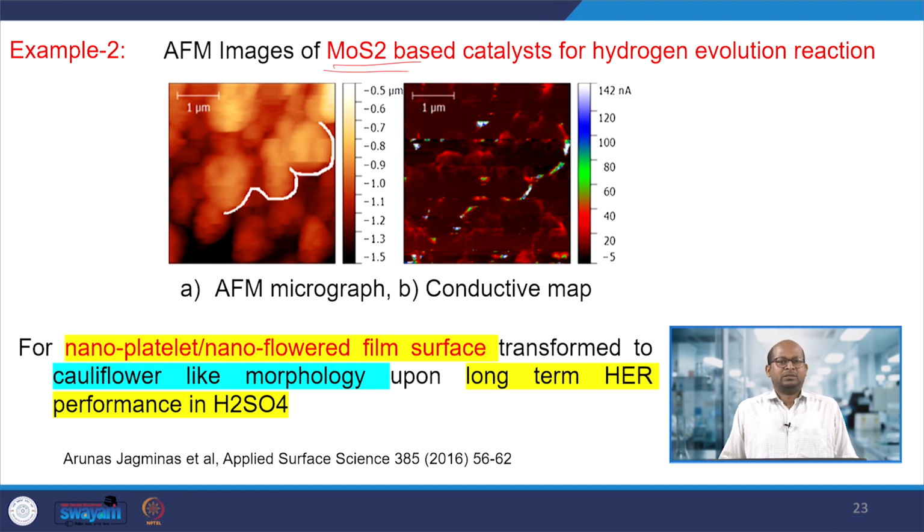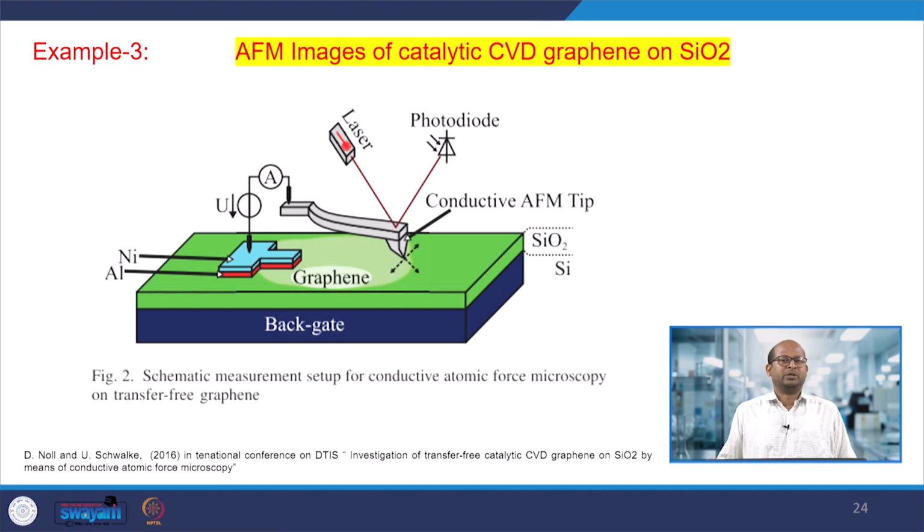In strong acid conditions, when molybdenum sulfide was taken and applied in the hydrogen evolution reaction, and after keeping it for a long term for hydrogen evolution in the presence of strong acids, the structures you can see are a nano flower film surface that has been formed, or nanoplatelet-like surface film formation. So with this type of study we can also see the surface changes of that particular material before and after reactions.